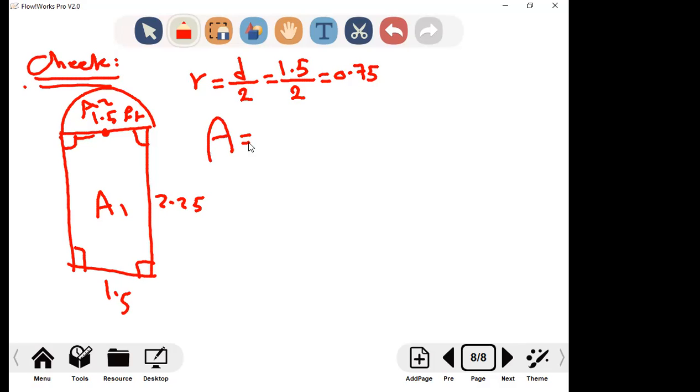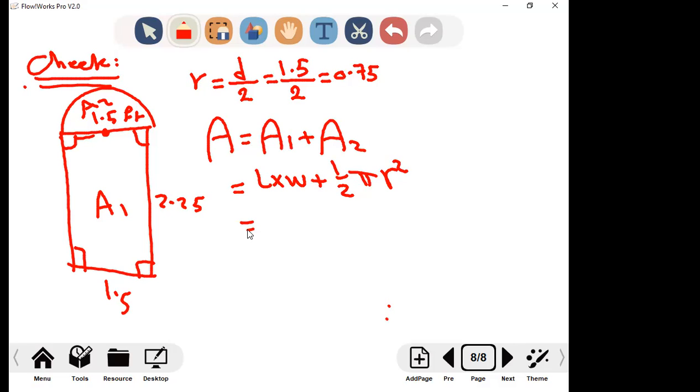A equals A1 plus A2. A1 is the rectangle, length multiplied by width. A2 is a semicircle, not a full circle, which is half pi r squared. So the length 2.25 multiplied by the width 1.5, plus half times pi 3.14 times the radius 0.75 squared.